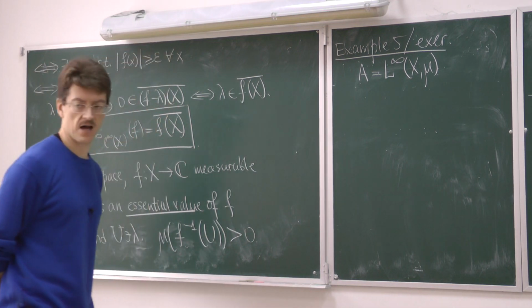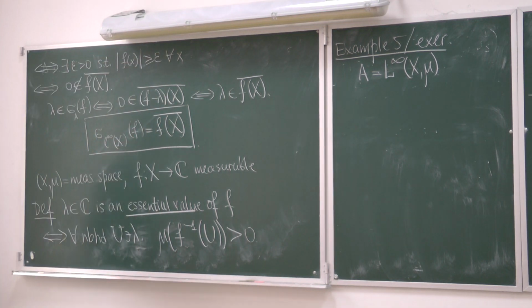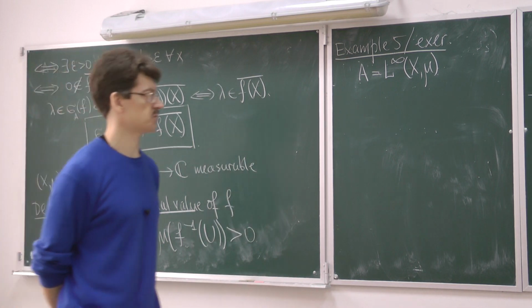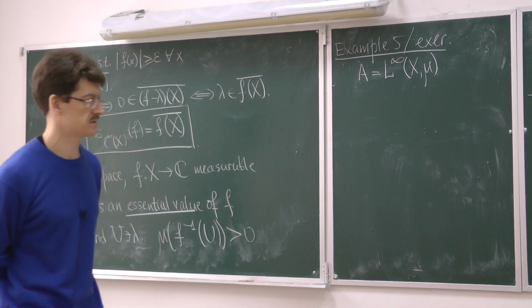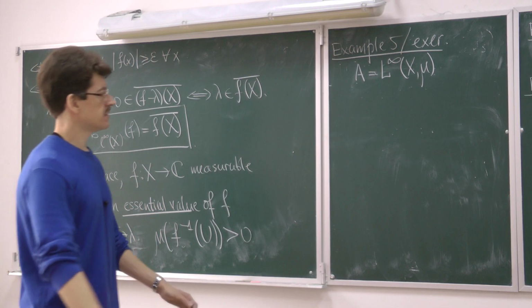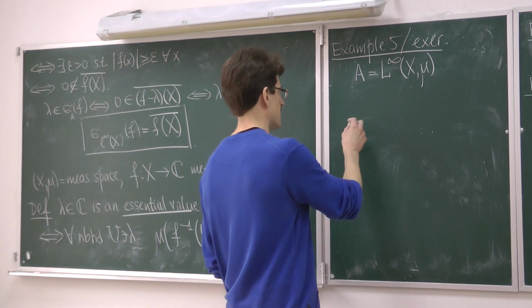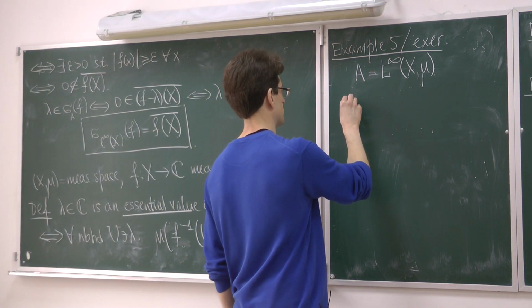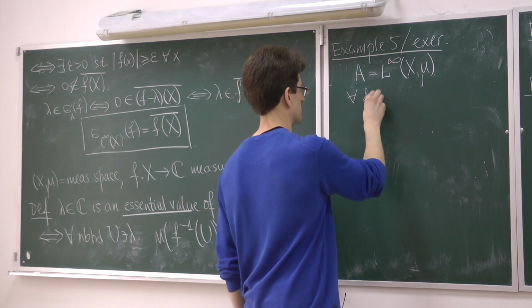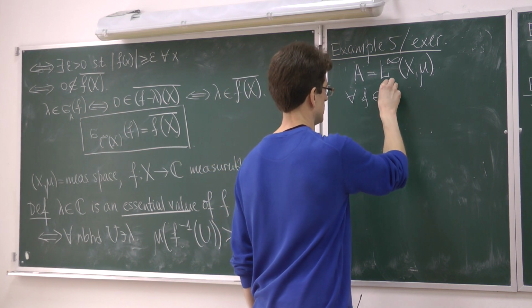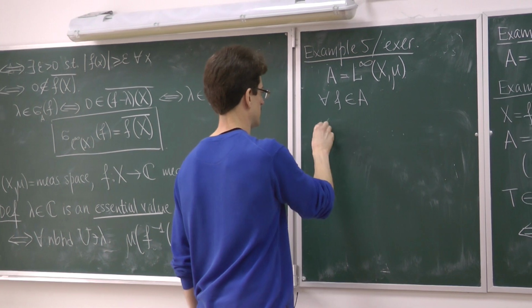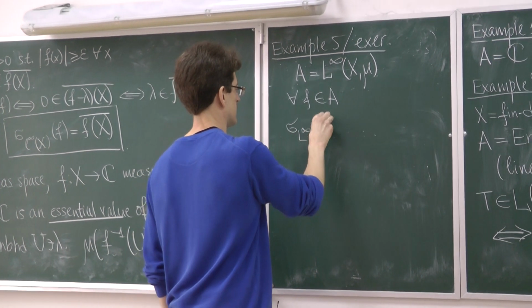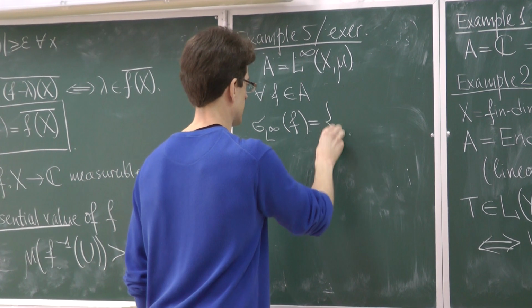And this is also an algebra with a pointwise product. So clearly the pointwise product of two essentially bounded functions is essentially bounded. The exercise is to show that the spectrum of each element f of this algebra is the set of all essential values of f.